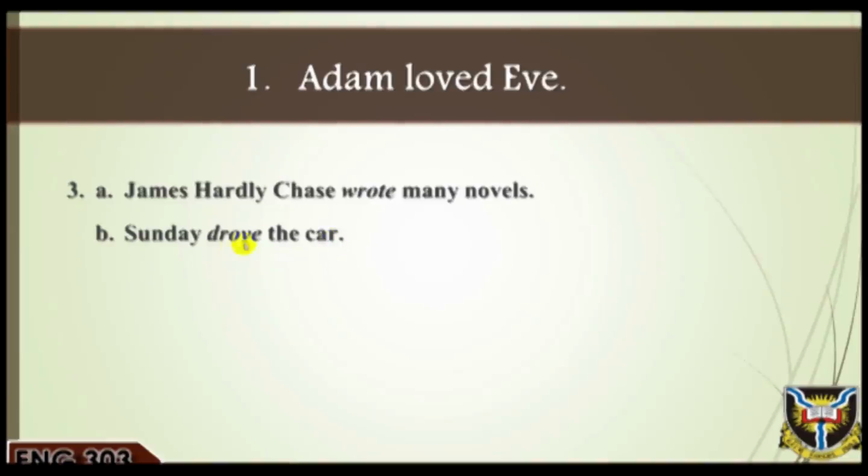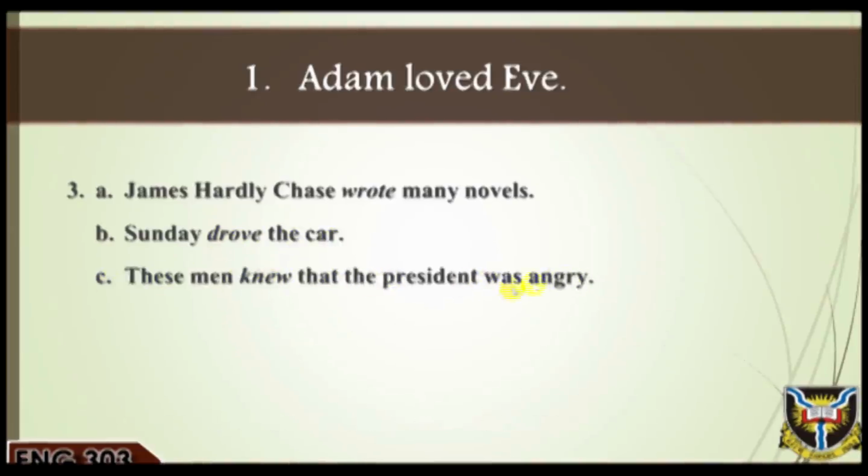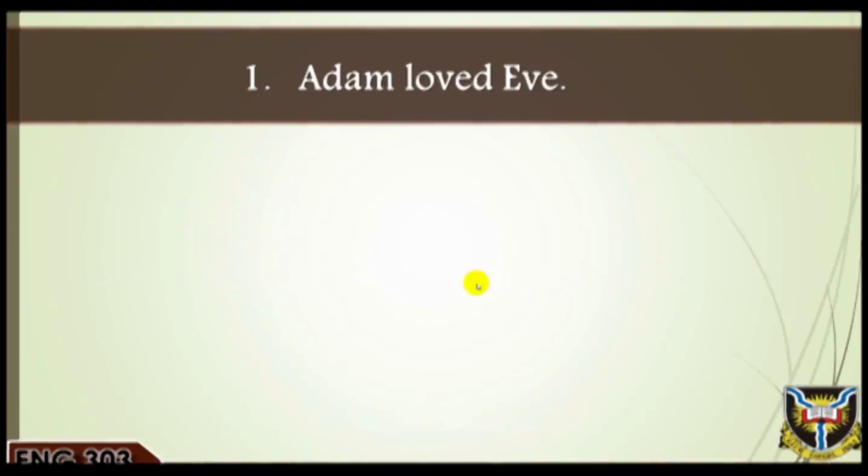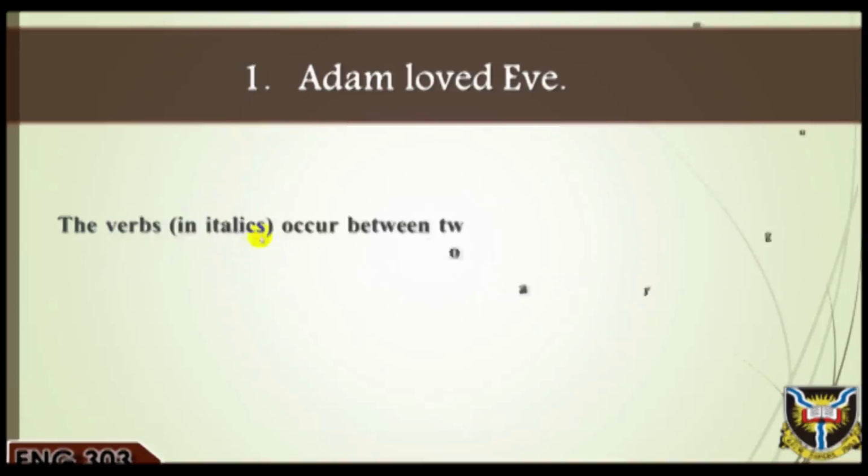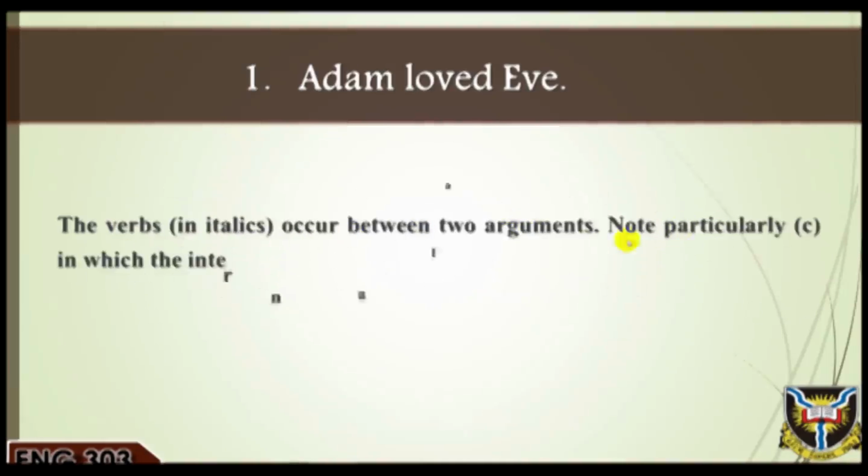Sunday drove the car. c. These men knew that the president was angry. The verbs in italics occur between two arguments. Note particularly c, in which the internal argument is a noun clause.